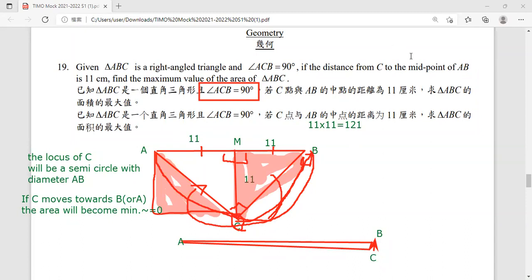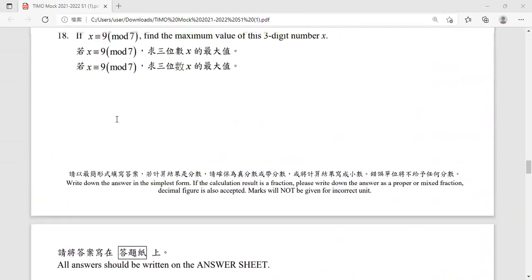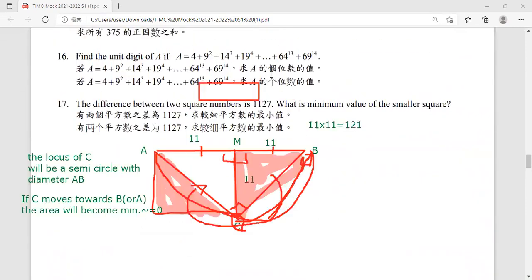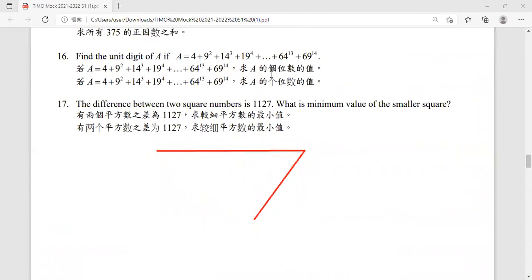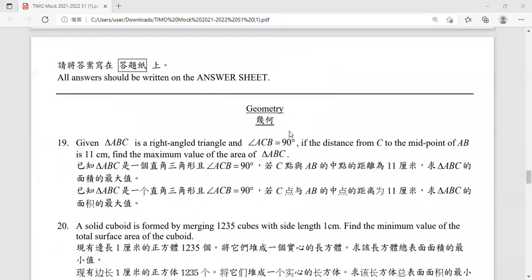Okay, next one. Yes. Oh, why? Yes. Okay. Question 20.